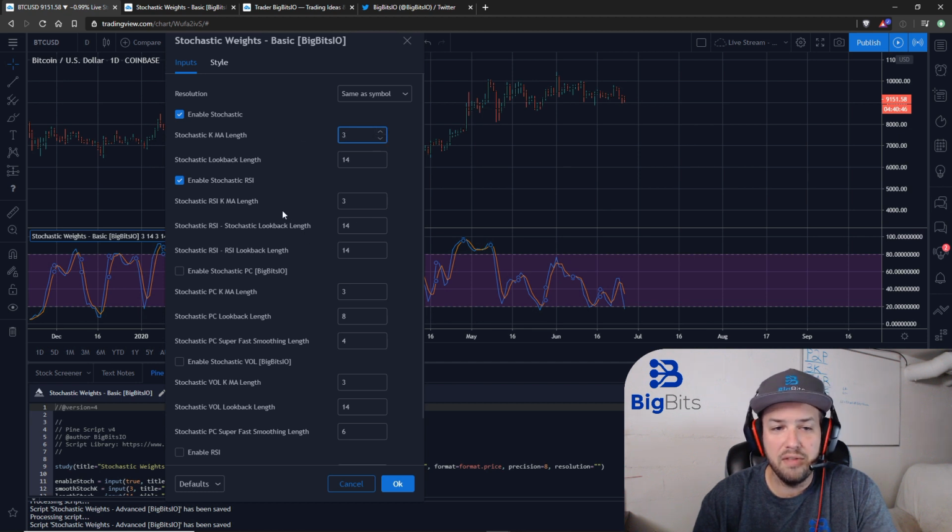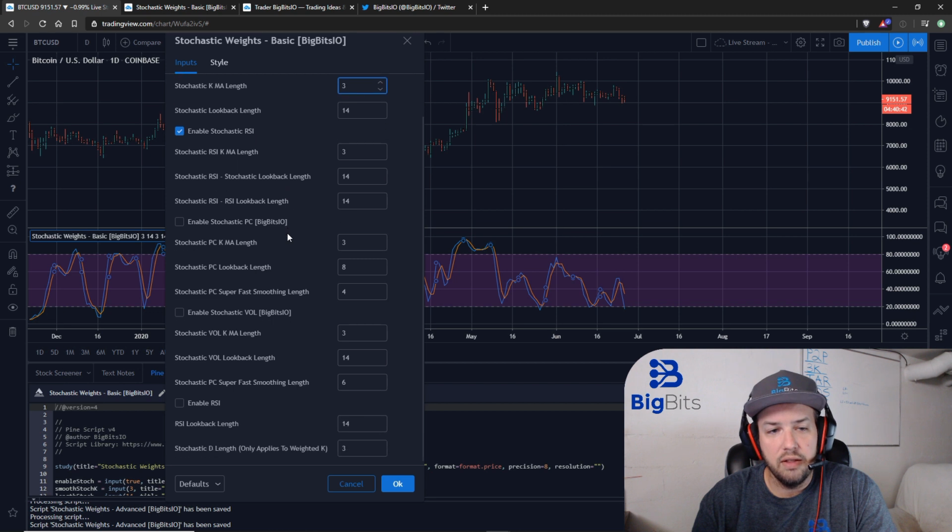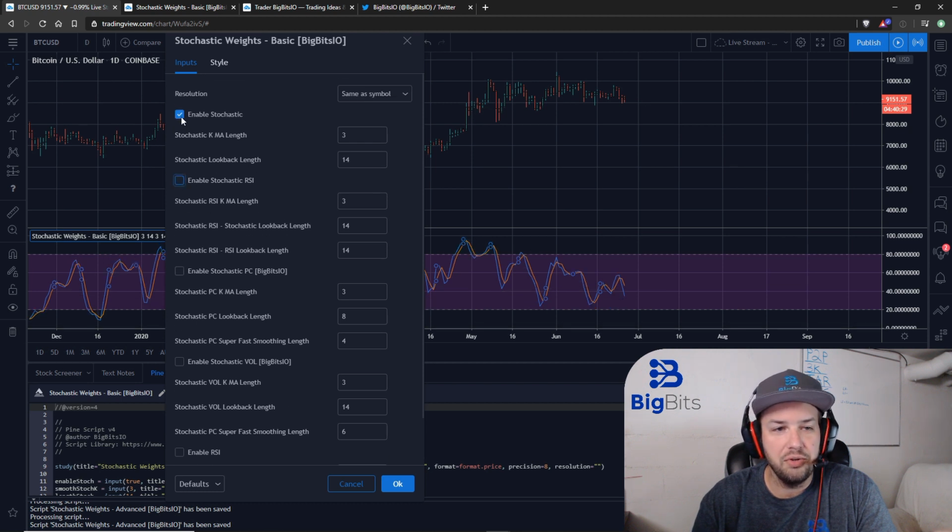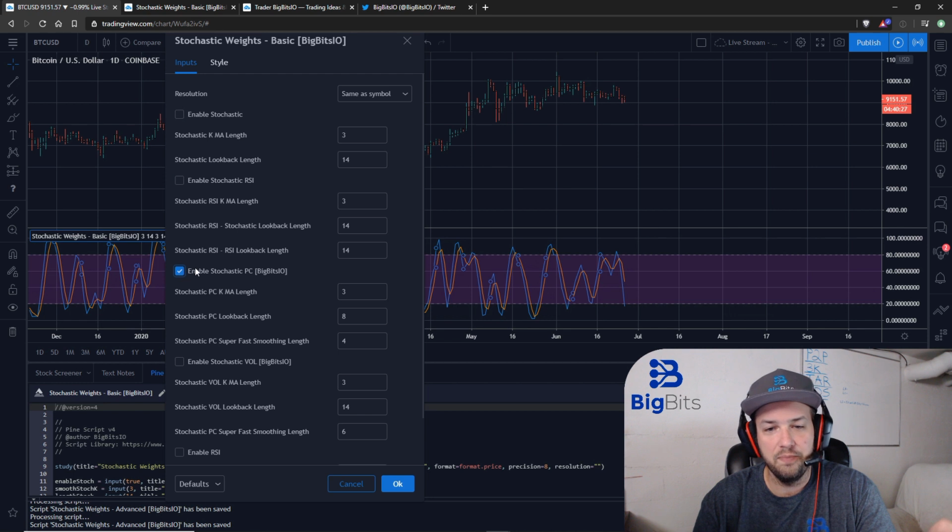Now, of course, we also have this for the stochastic RSI, but I did want to point out there are a couple of indicators on here that I have created. The stochastic price change, which basically is a volatility measure. Let me just show you. It's much easier to just show you. So you can see when volatility increases in a particular direction, the stochastic PC moves towards the direction that it's going.